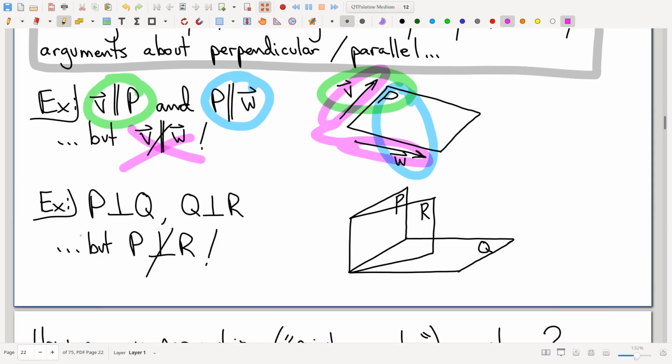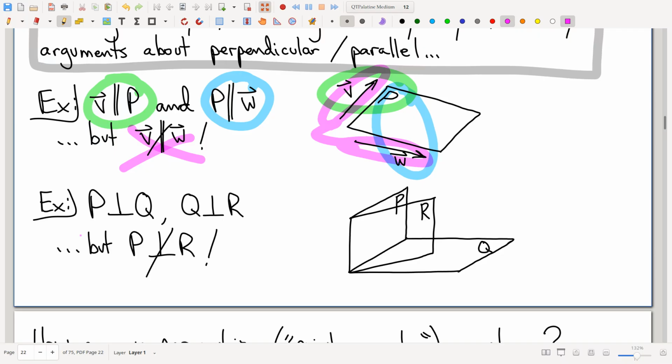Just be aware, again, sometimes they fail. And then here's another one down here. Planes being perpendicular, there is no transitivity there. Right? P is perpendicular to Q, Q is perpendicular to R. P and R have no relationship. Everybody see the danger in this?